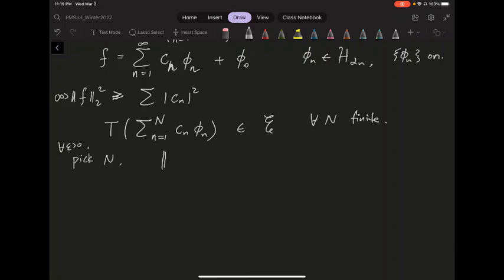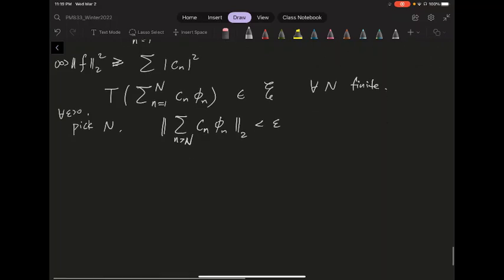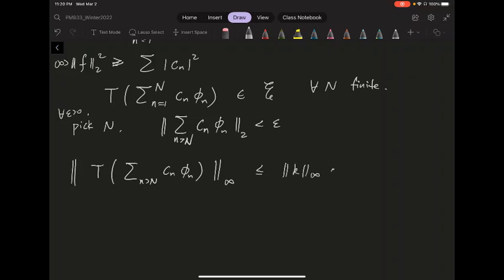So let's say the summation of these tails, c_n phi_n, this norm, going over n greater than this big N, is less than epsilon. You can always do that because your f is in L2. So what you can show is that if you evaluate T on this tail, the infinity norm is bounded above by the infinity norm of the little k multiplied by the 2 norm of the summation.